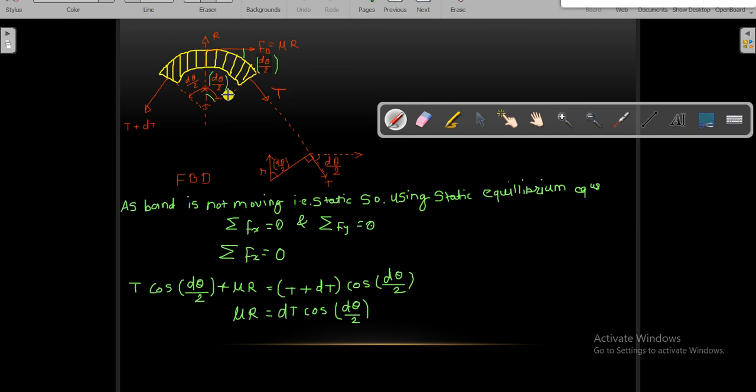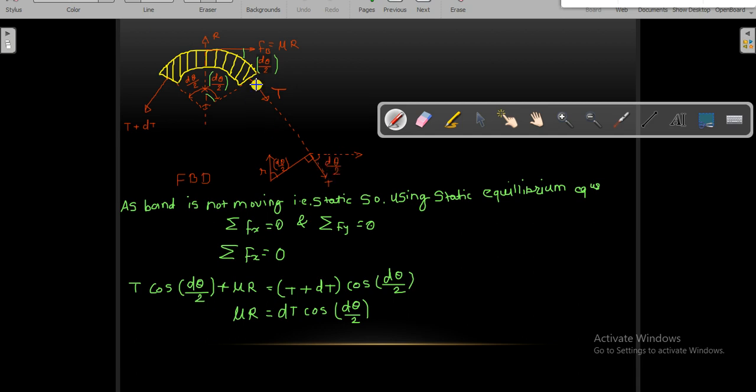The angle between these two radii will be d theta by 2. Similarly I have drawn it here. You know that if these two lines make an angle of 90 degrees, and one vertical line makes an angle of d theta by 2, any angle, let us say x, then this angle and this angle will be the same. So we have got this angle.